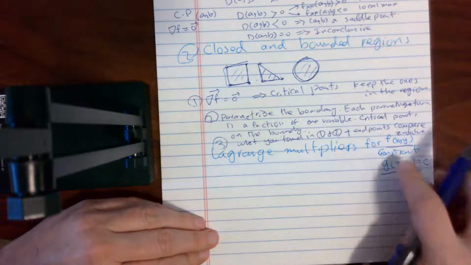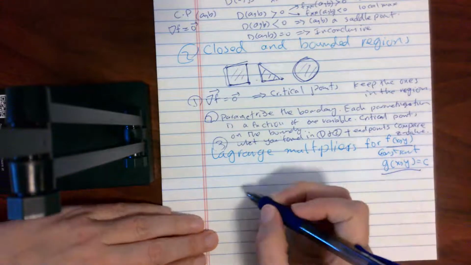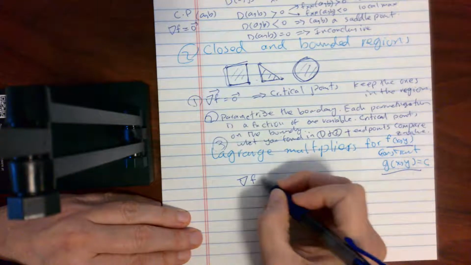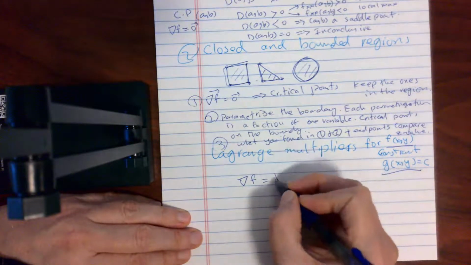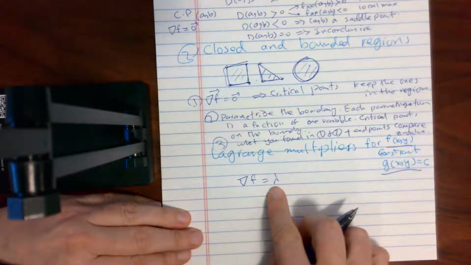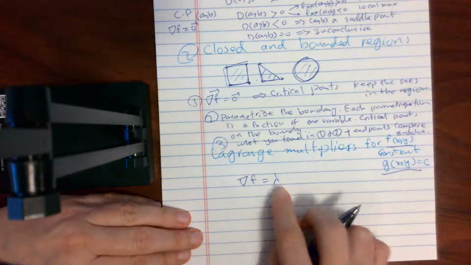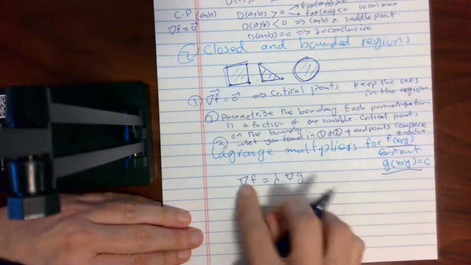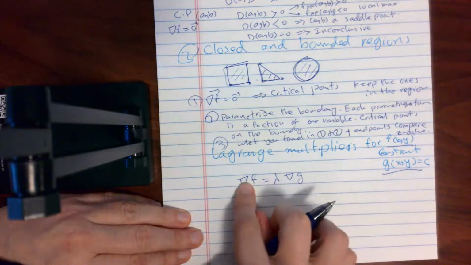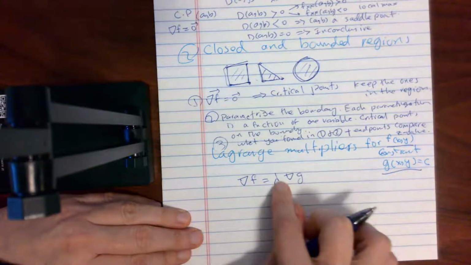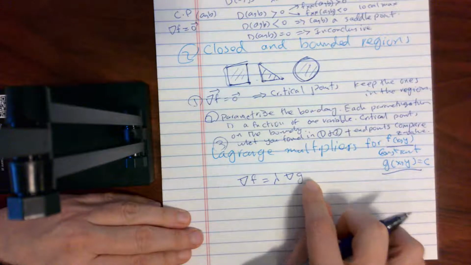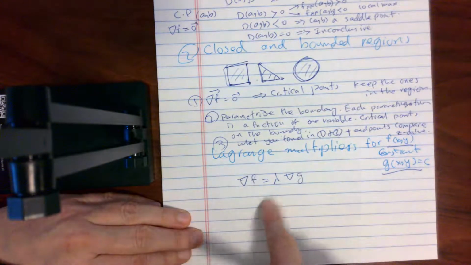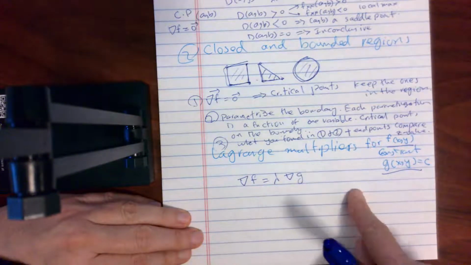And then what you do, this is the interesting part, you find the gradient of f, then you set it equal to lambda times the gradient of g. We use lambda because lambda is not used anywhere else, it's just a constant. So basically you take the partial of f with respect to x and set it equal to lambda times the partial of g with respect to x, and the partial of f with respect to y, set it equal to lambda times the partial of g with respect to y.